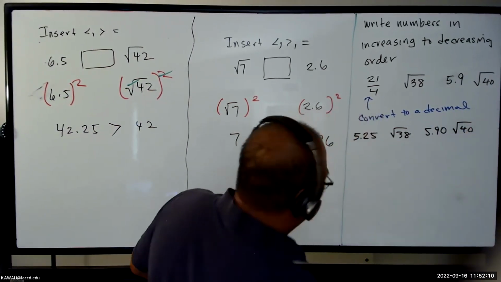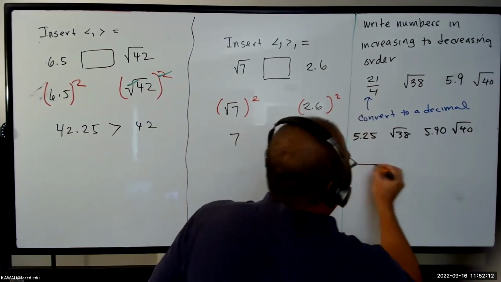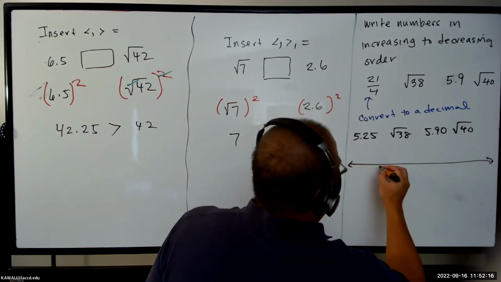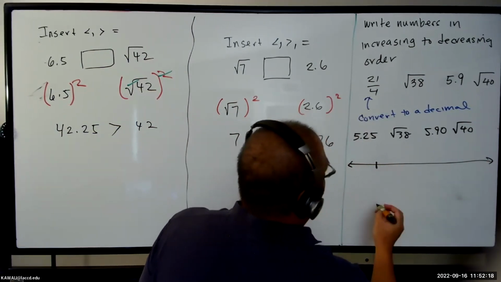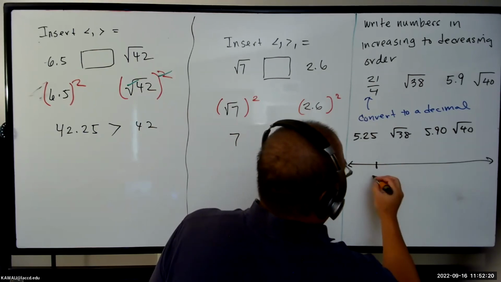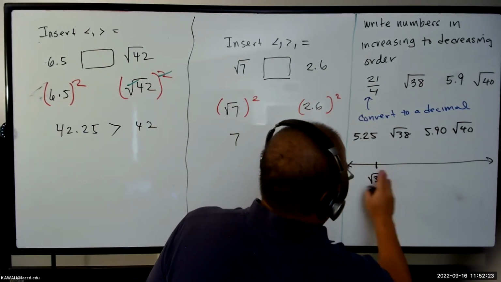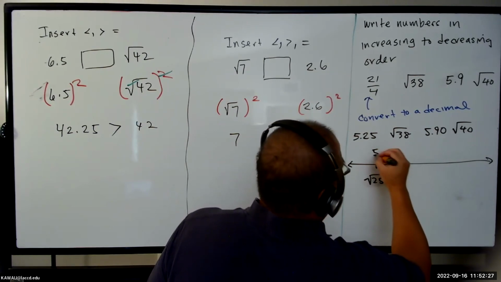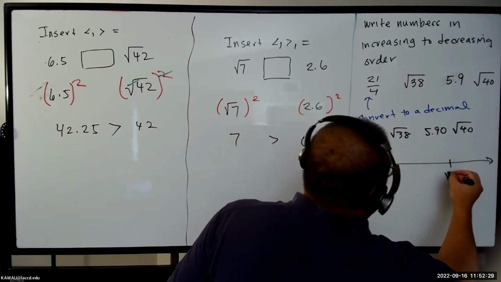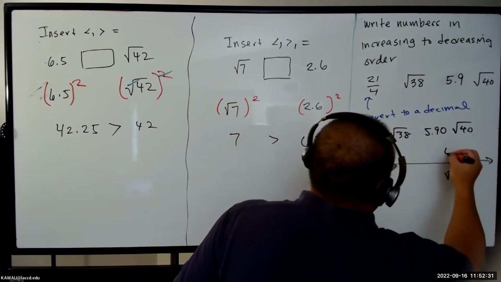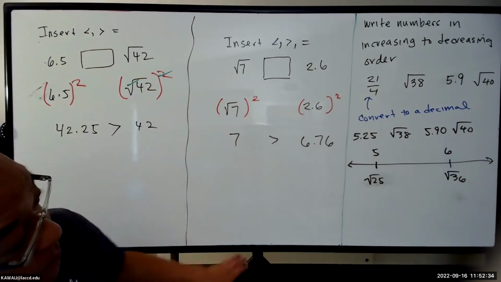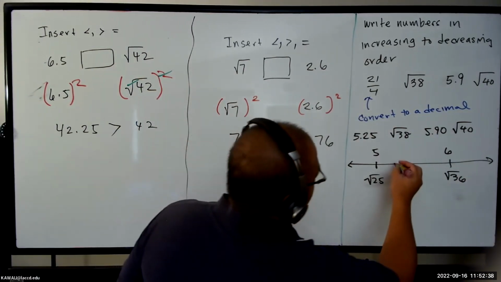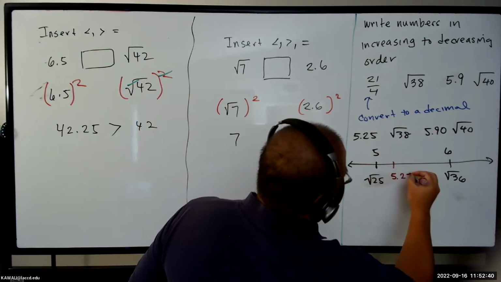Okay. So if you put this on a number line, let's make sure we put our square roots. Square root of 25 is 5, and then square root of 36 is 6 over here. So my 5.25 is here.